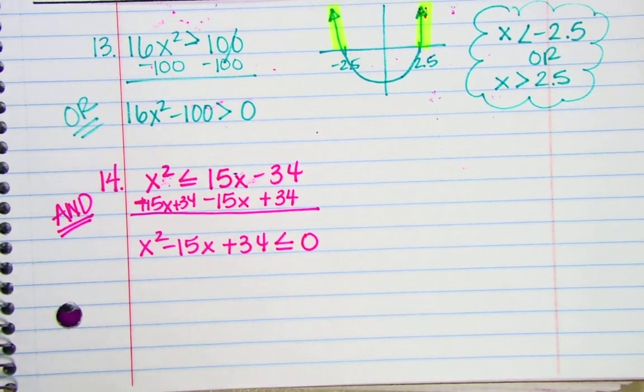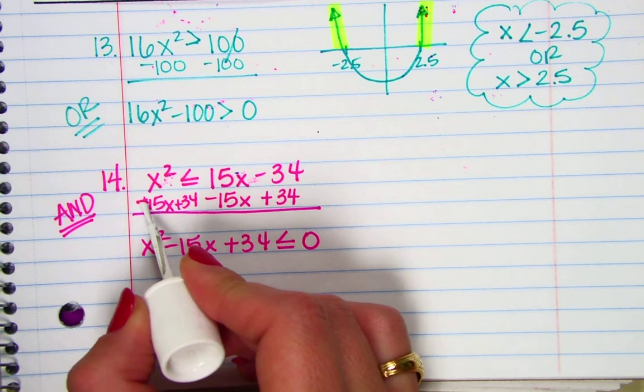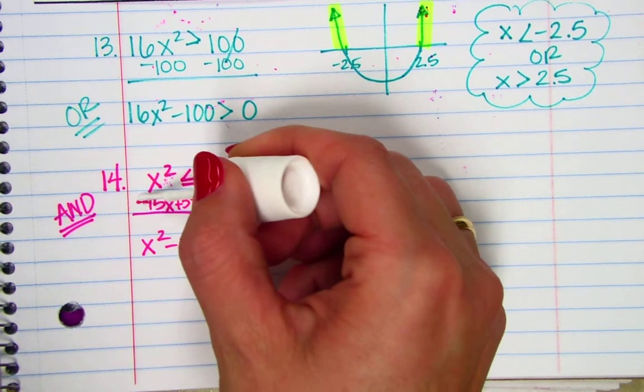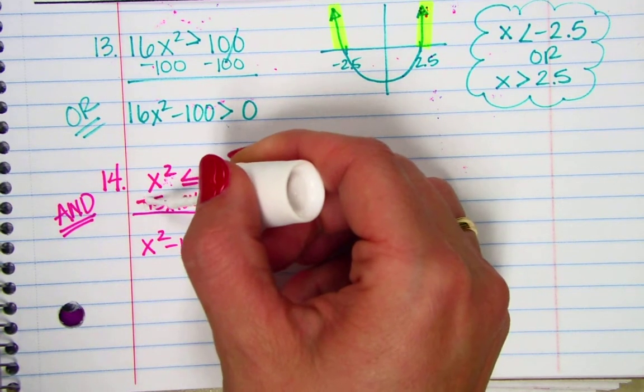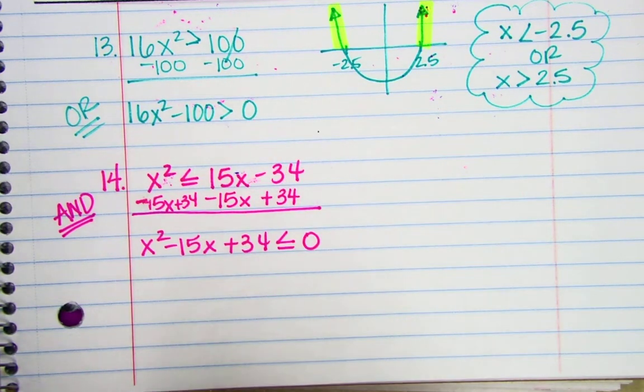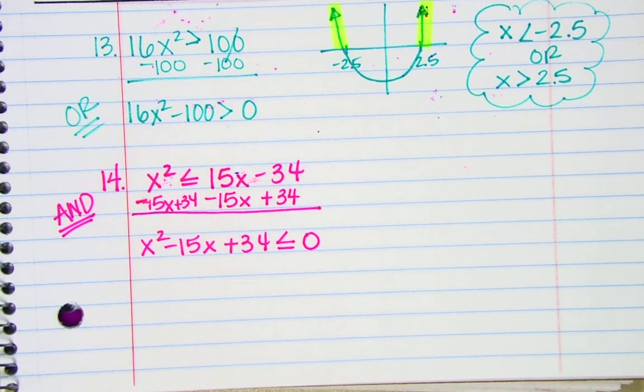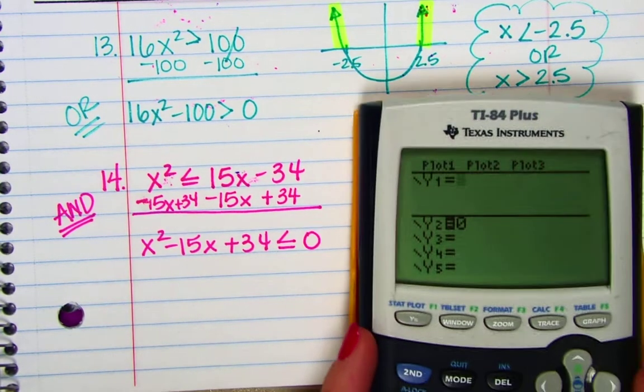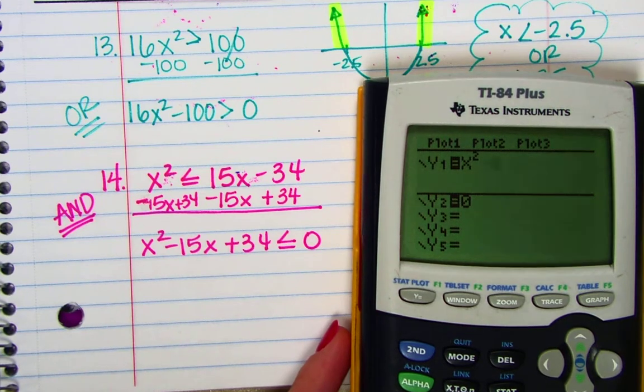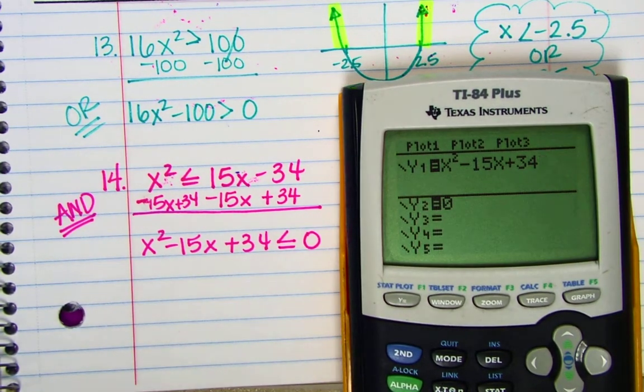Sorry, that should be a subtraction right there. And let's put it into y equals like we did and check the x-intercepts. Okay, x squared minus 15x plus 34.